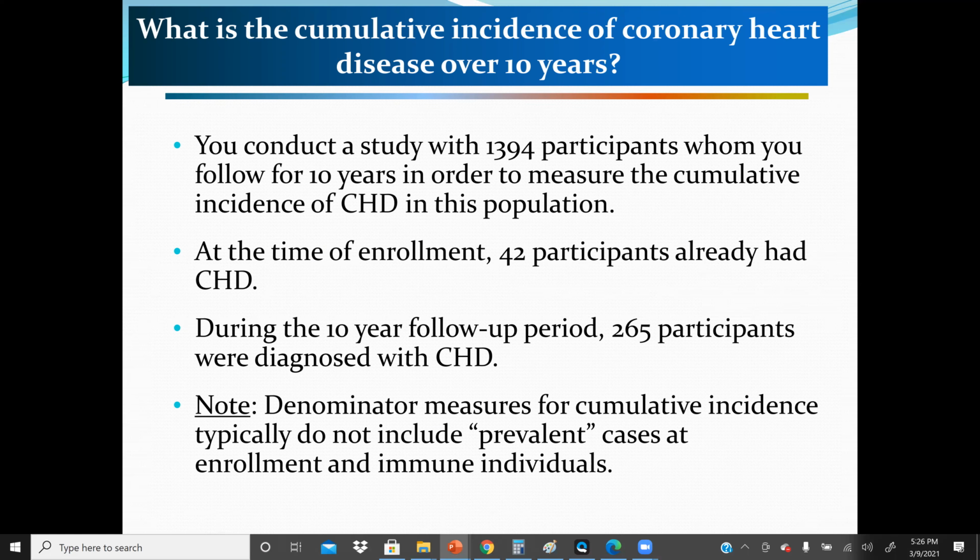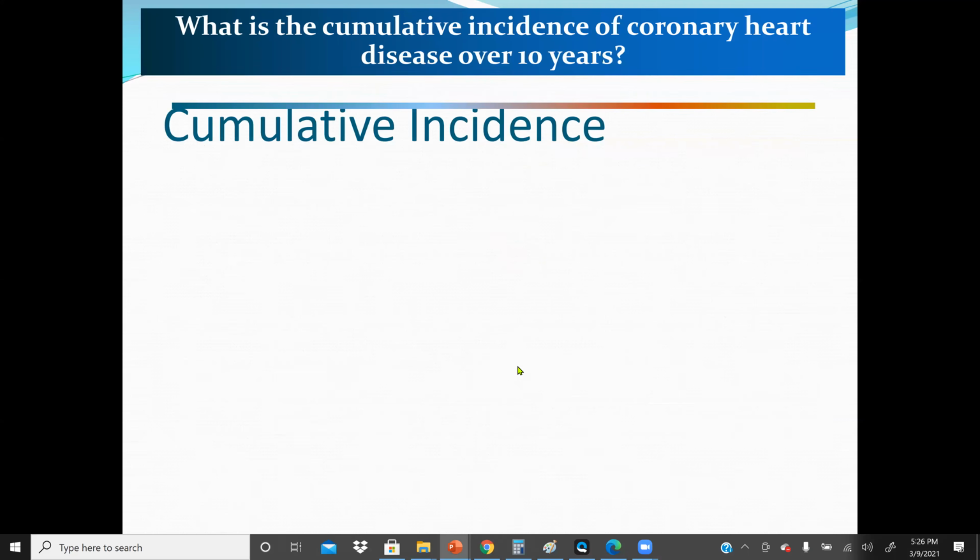We should note that the denominator for cumulative incidence typically does not include the prevalent cases at enrollment and also immune individuals, because they are not at risk for the disease, which is CHD, coronary heart disease. So we have 1394 participants, 42 already had CHD at enrollment, and 265 were diagnosed with CHD.